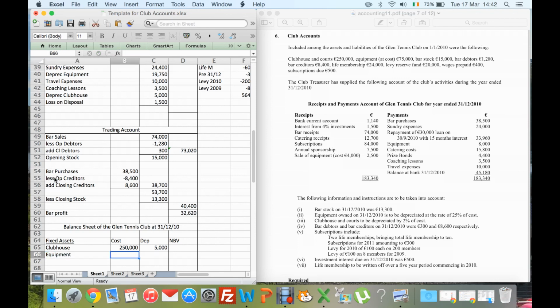And we said equipment is worth 79 grand. We got rid of something that originally cost 4 and replaced it with something that now costs 8, so we add a net figure of 4 grand on. And then our depreciation is there. We might as well take these away.